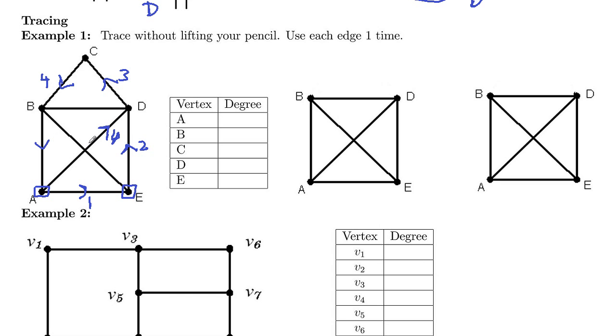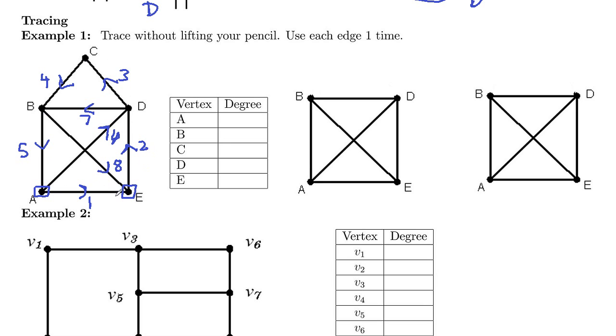This is not a vertex here, that's a crossing. 7. And then down here, 8, and then we've ended at E. As long as you have 8 moves, then you've traced this entire graph.